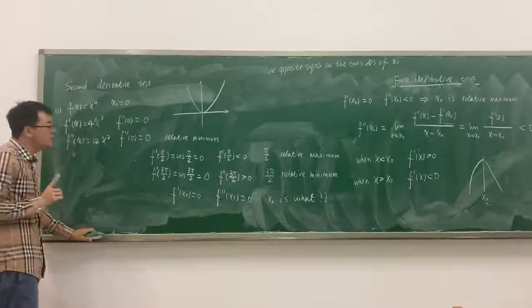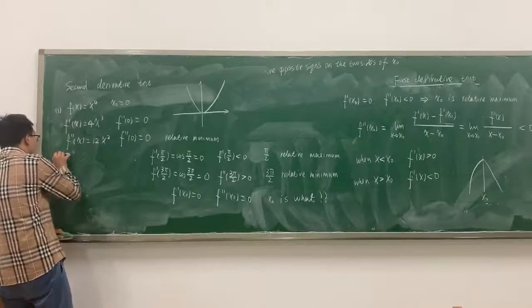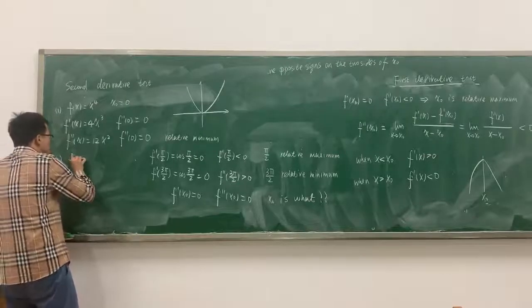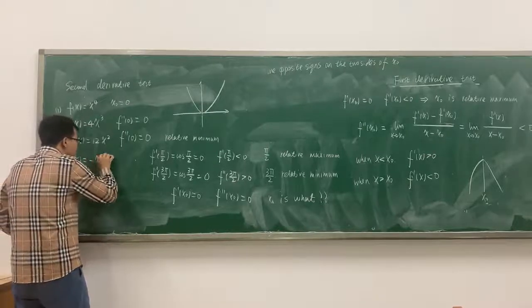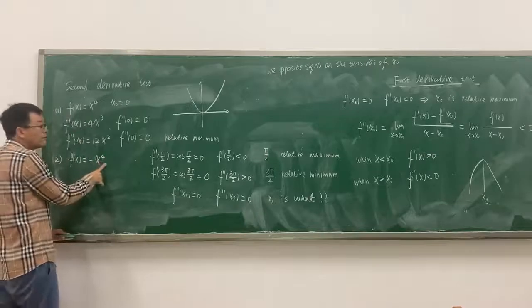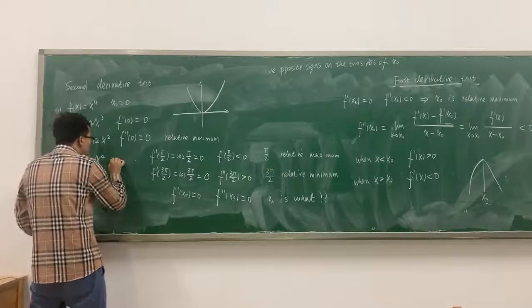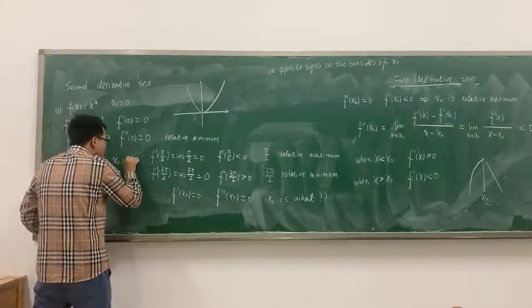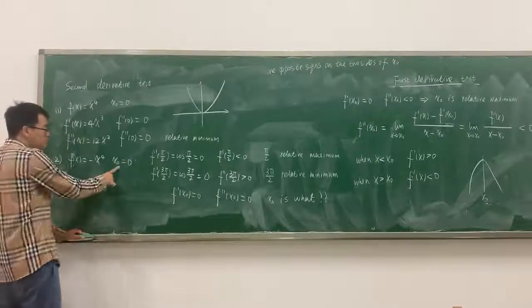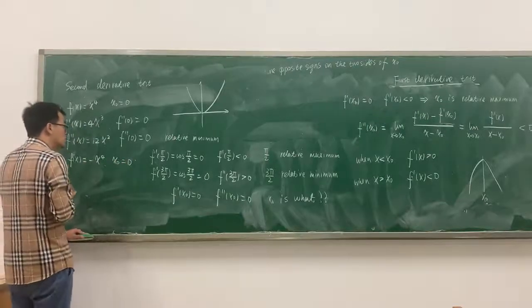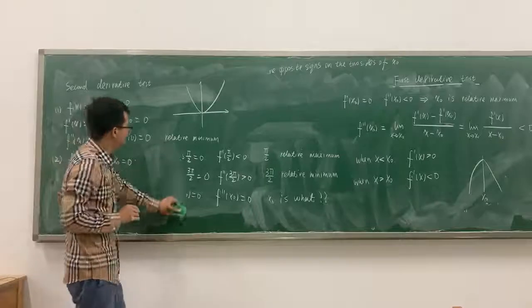Now the second example, f of x equals minus x to the fourth power. Here too x0 equals 0.